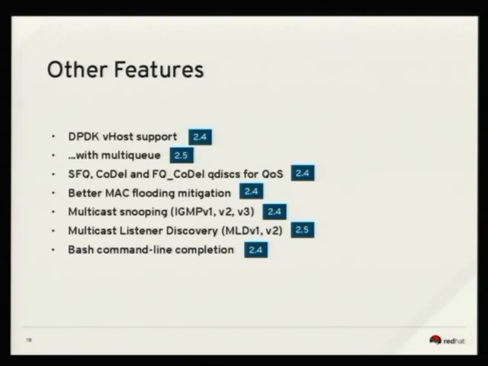There is more QoS support, more Linux kernel qdiscs supported. There's MAC flooding mitigation implemented, multicast snooping, MLD, bash command line completion, which is very nice, finally in 2.4, and so on. So I'm almost out of time.